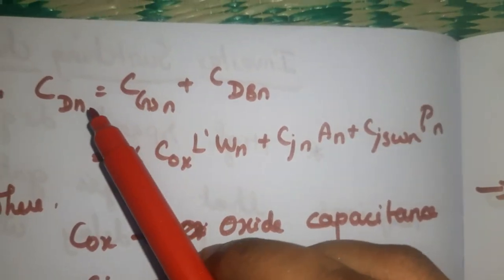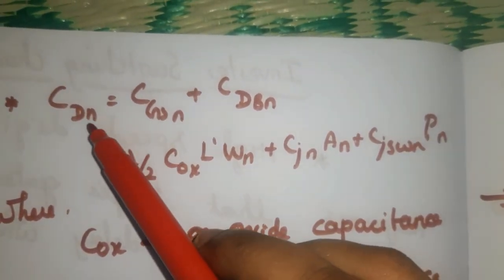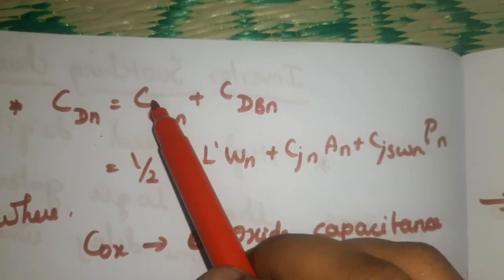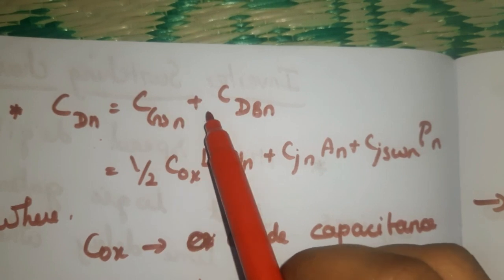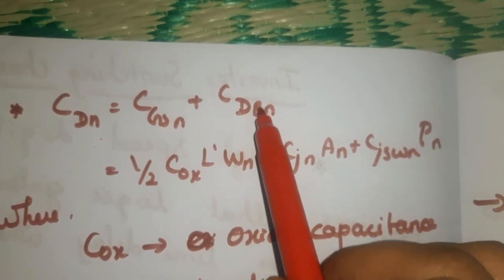Similarly, we have to find the capacitance. The capacitance in the NFET is equal to the capacitance at the gate-source terminal plus the capacitance at drain and bulk.